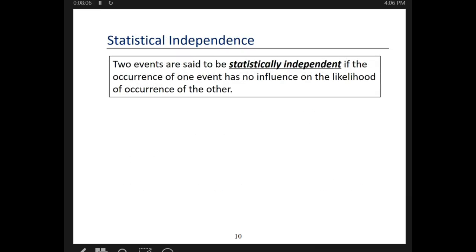Statistically independent. I'm leaving that as a separate slide because it's a quiz question. 2 events are said to be statistically independent if the occurrence of the event has no influence on the likelihood of occurrence of the second.